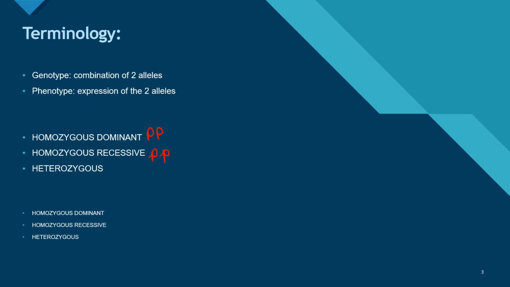Heterozygous, on the other hand, means different, so it's a combination of the two. Since we picked the big P to be dominant, it would be big P, little p, a mix of the two. So the heterozygous has to have the big P, and also a little p from the recessive.